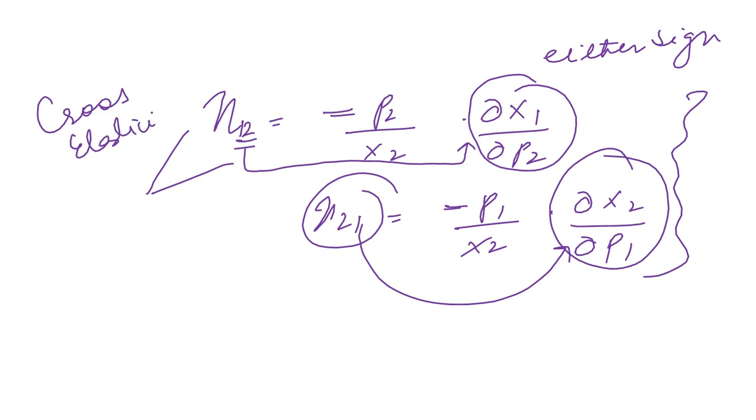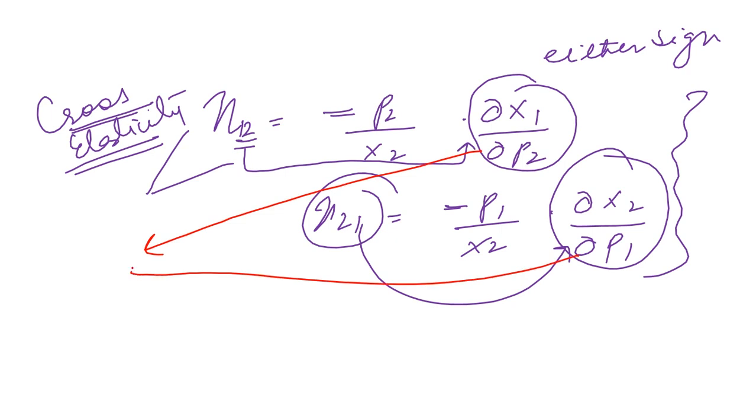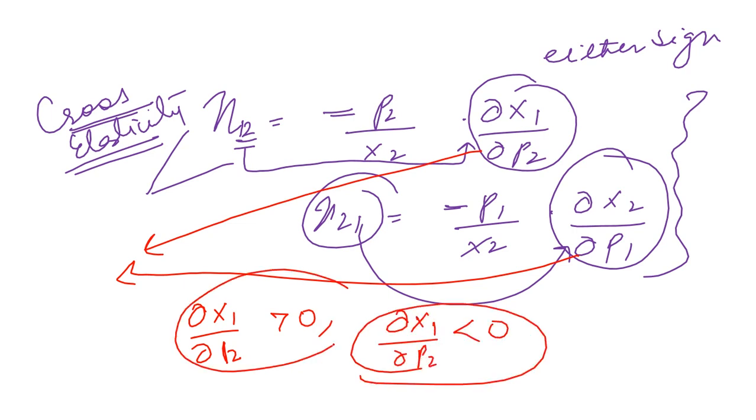Now, this cross elasticity can have either sign depending upon the case. That means del x1 by del p2 can logically have a positive sign or a negative sign depending upon whether the goods are competitive, substitutes, or complementary.